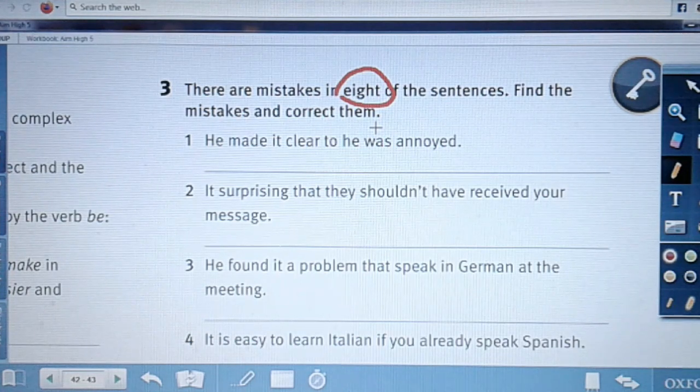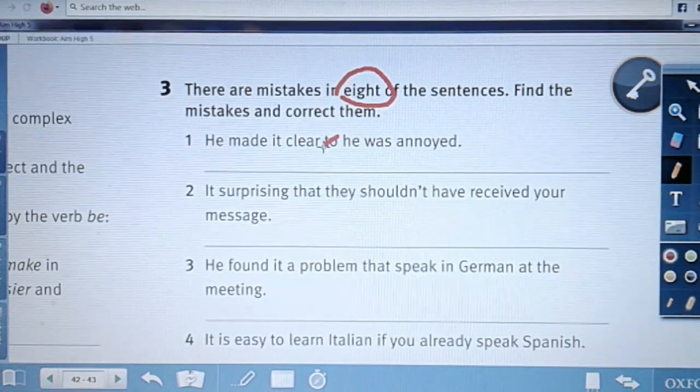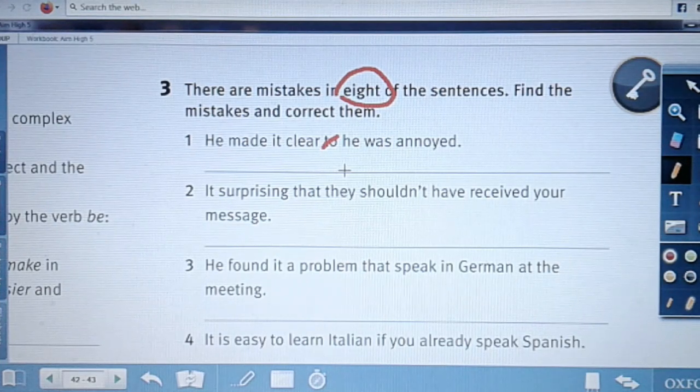There is a mistake in this sentence. So where is the mistake? Right here. So we are supposed to use that, not to. So change to into that.